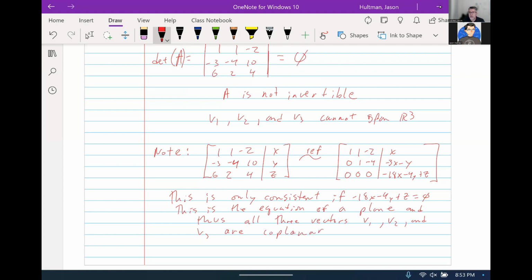And a plane is not going to define R3. It defines R2, but it does not define R3. Okay, V3 are coplanar and thus do not span R3.